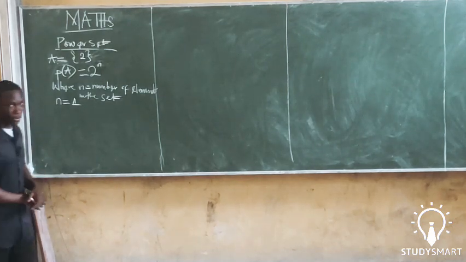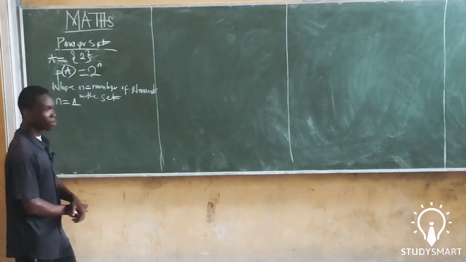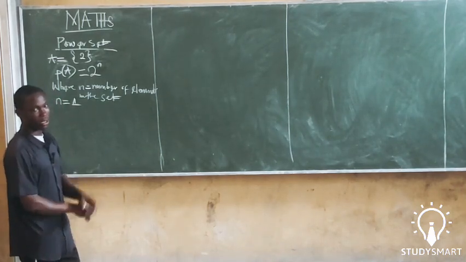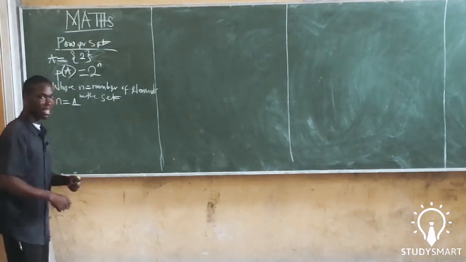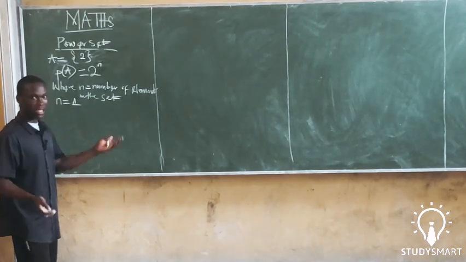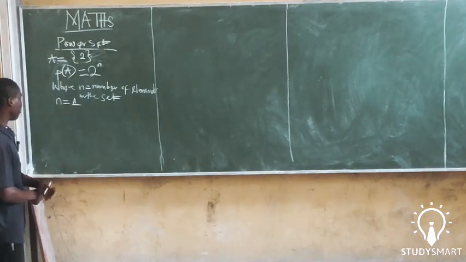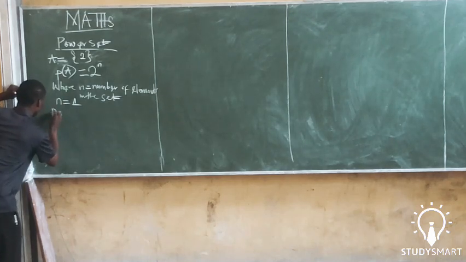And from power sets, we know that it is the possible number of all subsets, and you have to include the empty set as part of the subsets and the element itself.